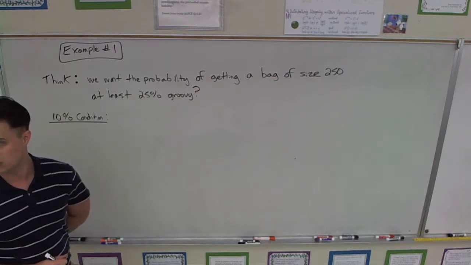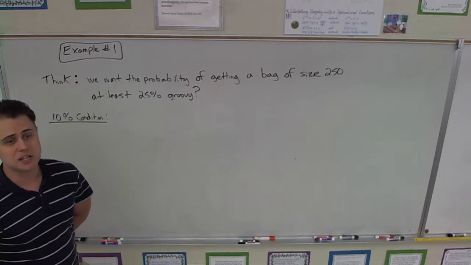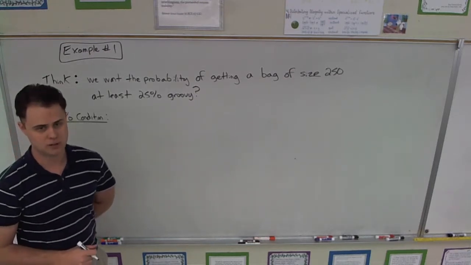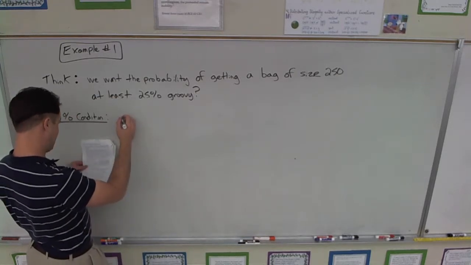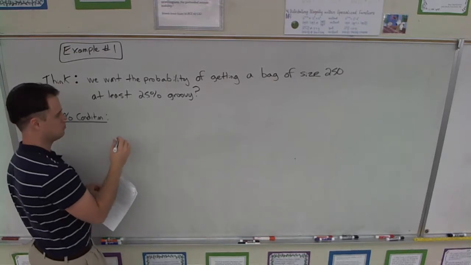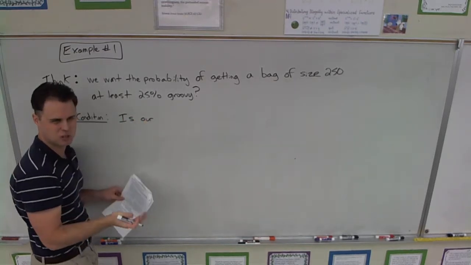I think we talked about it the other day. Lana, you want to tell me? The sampling size should be no more than 10% of the population. So we don't want to take too big of a sample, right? So how do we check that? We want to say something like, how big is our sample size? 250. So I'm going to ask a rhetorical question.